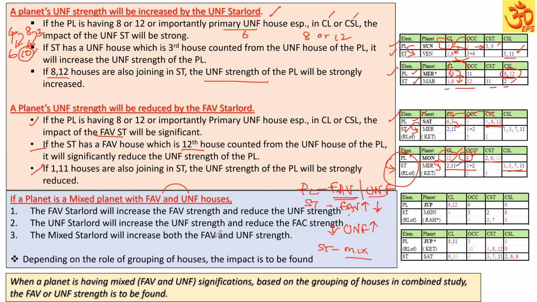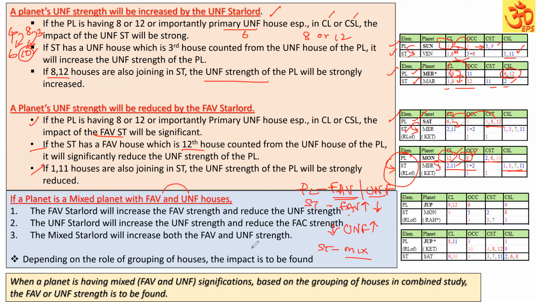If the planet is having a mixed one, because in most cases, as I said, each planet will have mixed significations, then when a planet is having mixed significations, whether the star lord's grouping of favorable is more or unfavorable is more, and what impact it is going to give to the planet, we have to see based on this grouping only.